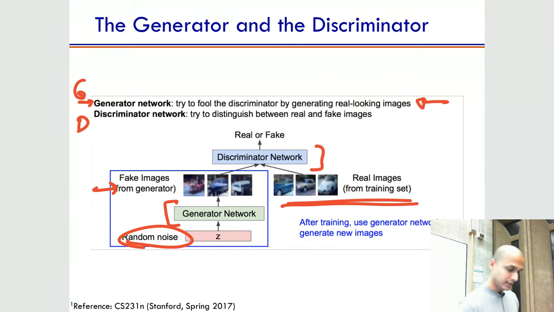Just as a high level point, if you drop the blue block, which is the discriminator block, you can actually compare samples from the generator directly to the images, right? I have a bunch of images in my training data.